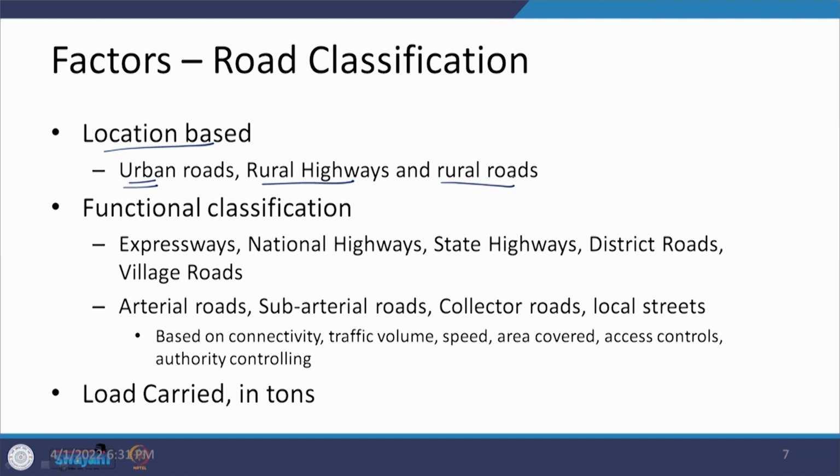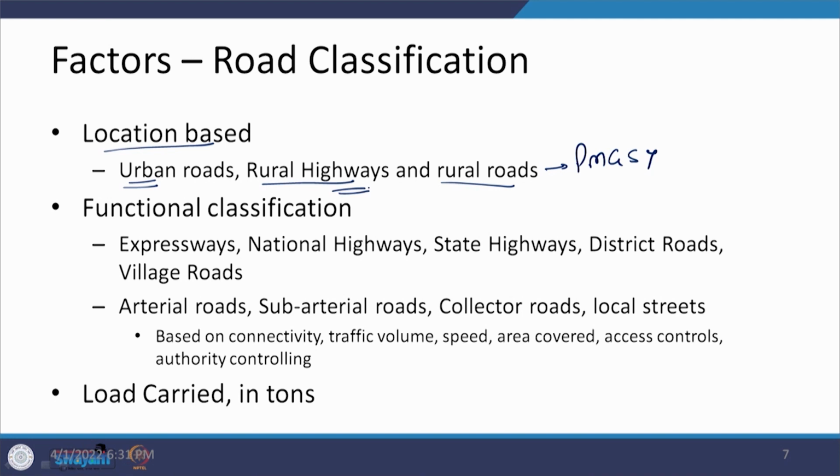So, these two classifications can be done. In the case of rural roads, one thing you must know about is PMGSY, that is Pradhan Mantri Gram Sadak Yojana, which is totally related to the connectivity to be provided to villages which otherwise have not been connected by the rural highways or the village roads, which fall into the category of rural highways.